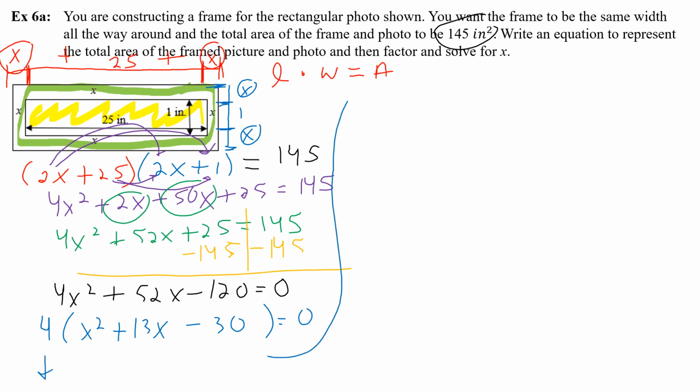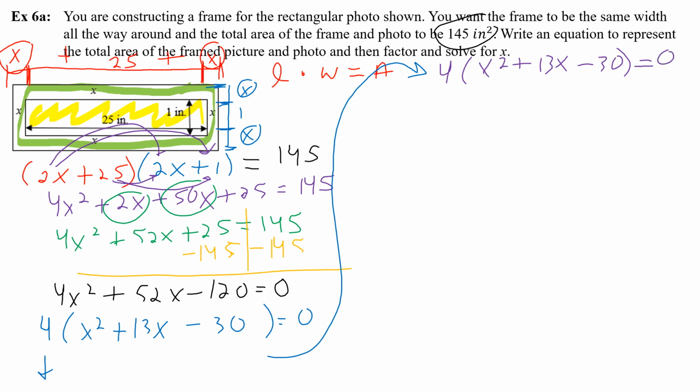I want to go ahead and start on the second column just because I need some more space. So I'll just rewrite the whole thing here. 4 parentheses x squared plus 13x minus 30 is equal to 0.